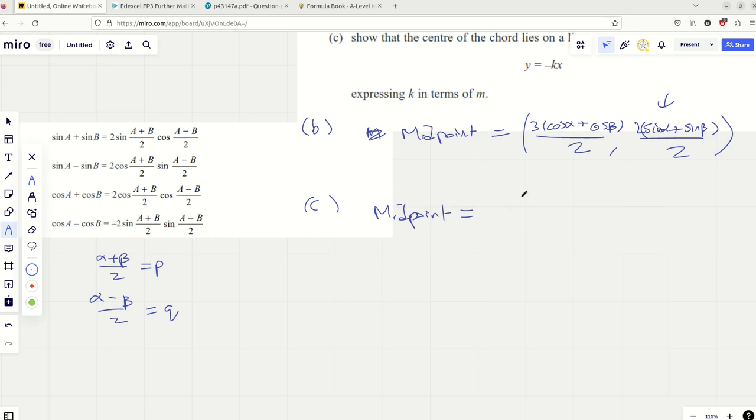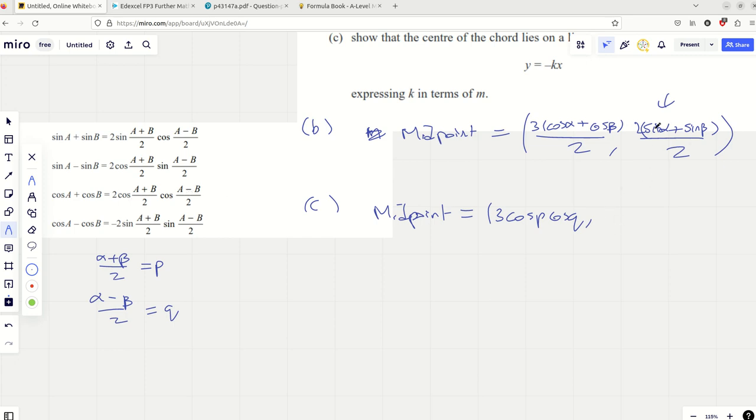So what have we got for 3 over 2 cos alpha plus cos beta? Well, we've got 2 times cos p cos q. And so once you times it by 3, the 2 is going to cancel with the over 2. You're going to have 3 cos p cos q, I believe. Let's just quickly check that. Yeah, that's looking good.